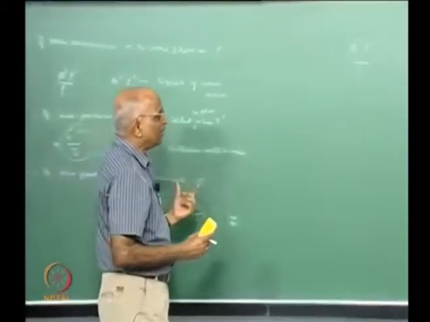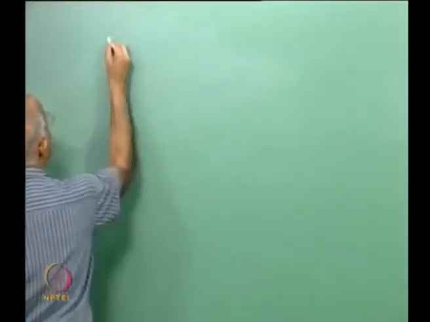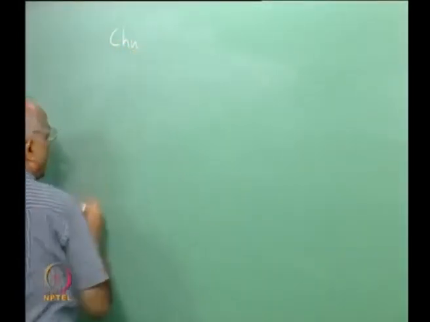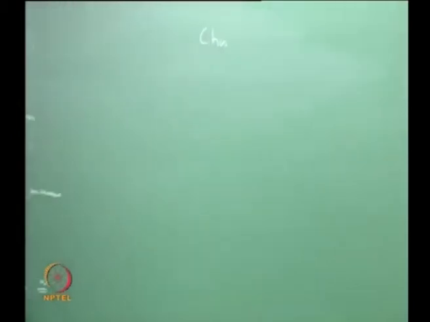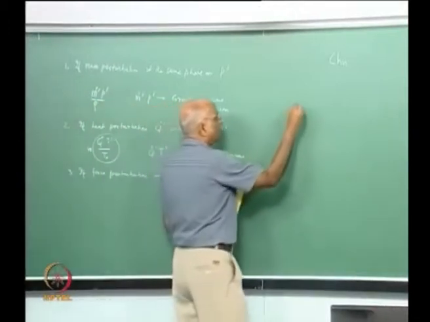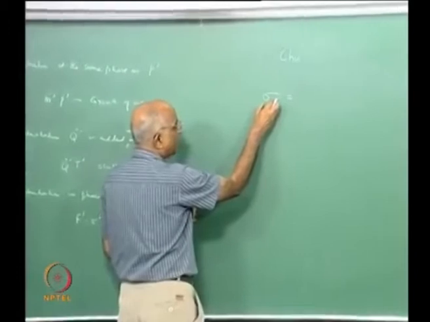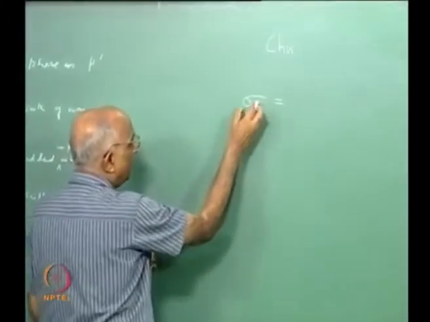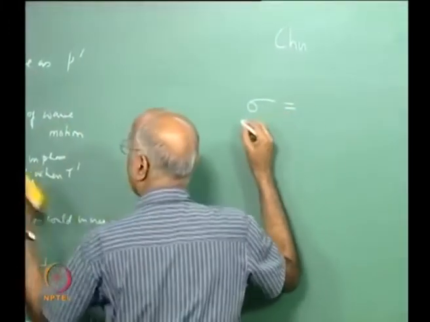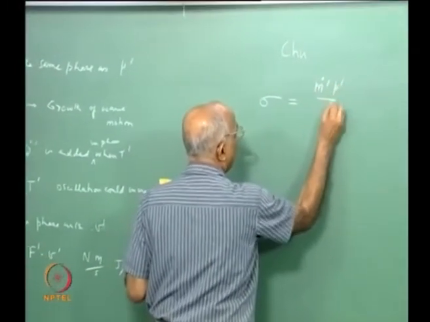All these three things have been put together beautifully by one person by name Chu. He worked for some time in the area of combustion instability, and he put all these things together and called it a parameter sigma, and he said the power which adds to the magnitude of oscillations could be represented by, let us say, m dot prime p prime by rho.